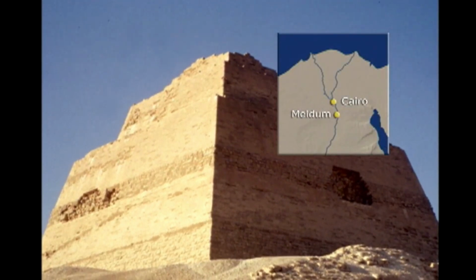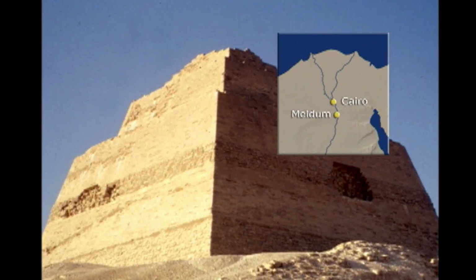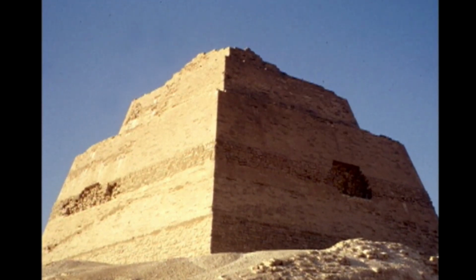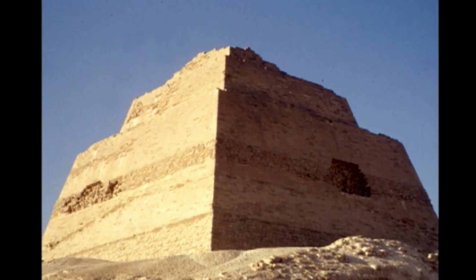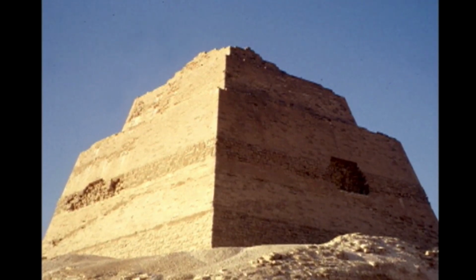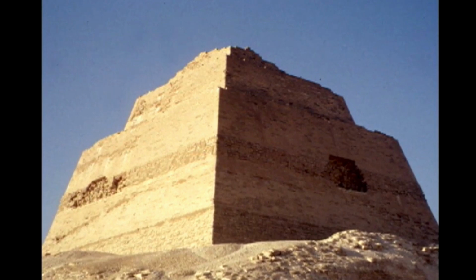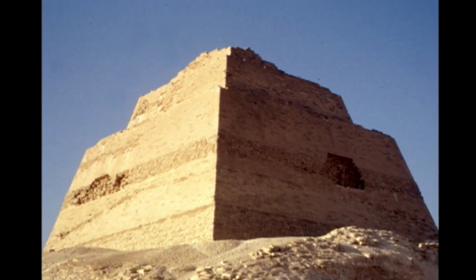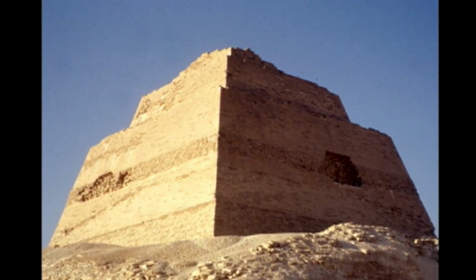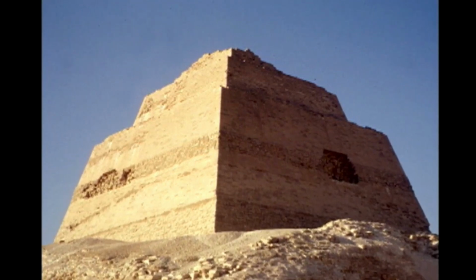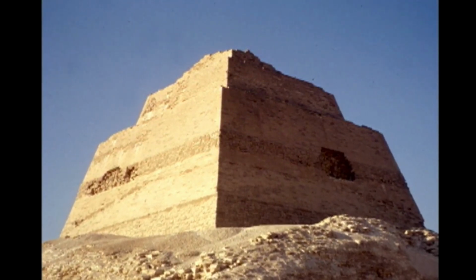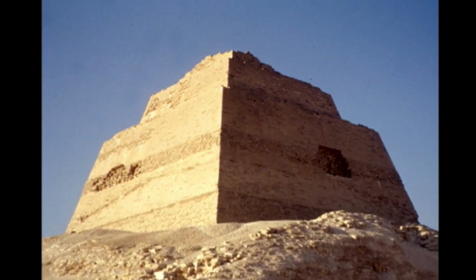It's not M-Y-D-O-O-M. And at Meidum, he builds a large step pyramid. But then he has the great idea. He will fill it in. He will fill in the steps and make a true pyramid. So the Meidum pyramid is the first attempt at a true pyramid in Egypt.